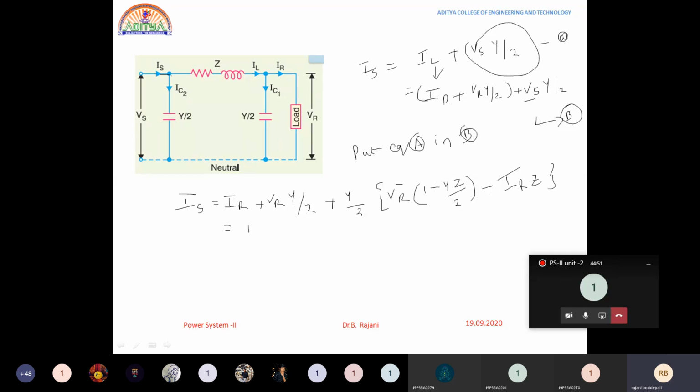Now simplify it. All of you try to note the main equations, so that if you go through that, it is very easy to understand.